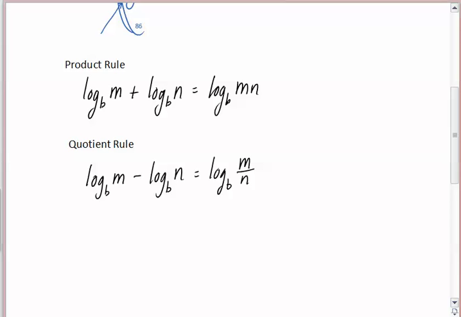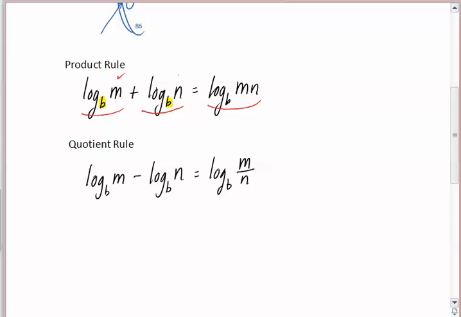Let's take a look at a couple of rules of logarithms: the product rule and the quotient rule. The product rule says that if I have a log that I'm adding to another log and the bases are the same, then I can rewrite the expression as the log of the product of the two arguments.